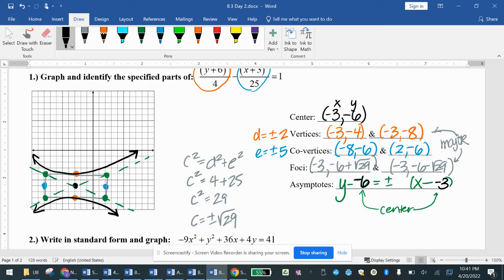But remember, I don't want you to leave double negatives in your answer, so these should get switched to plus. And then the slope of the diagonal is 2 over 5. Remember, it's rise over run, and we put plus or minus because one of the diagonals has a positive slope and the other one has a negative. So that's why you put plus or minus.